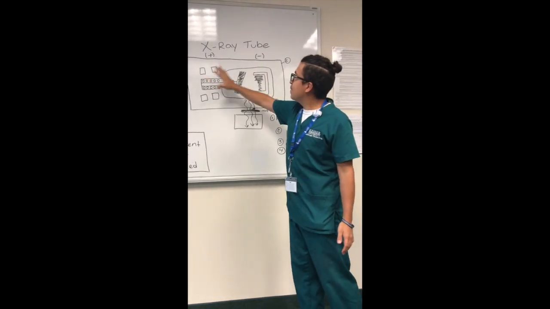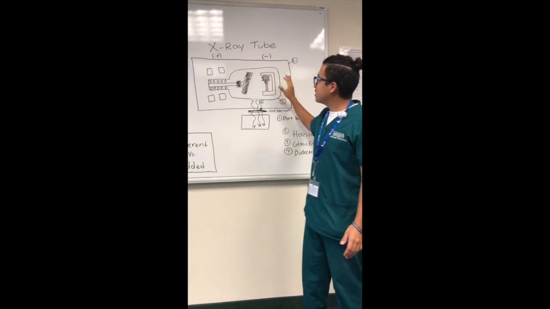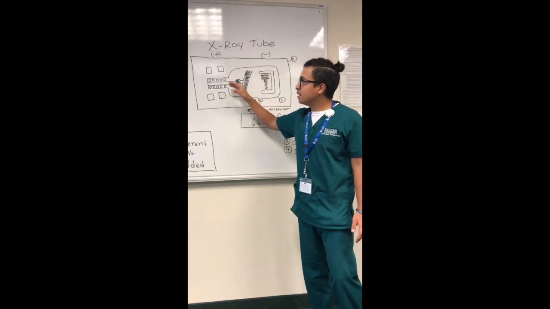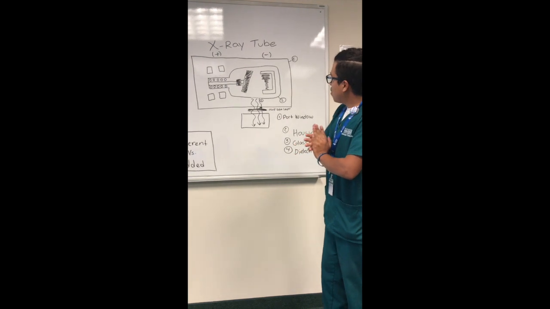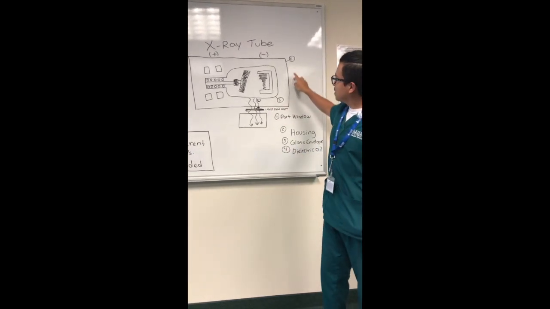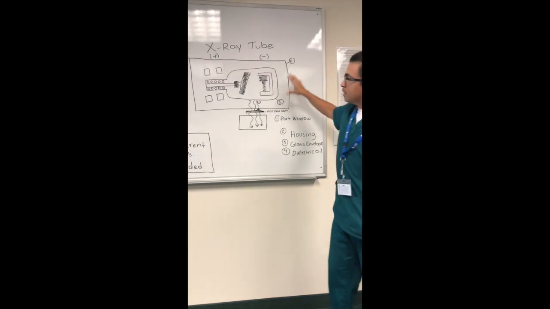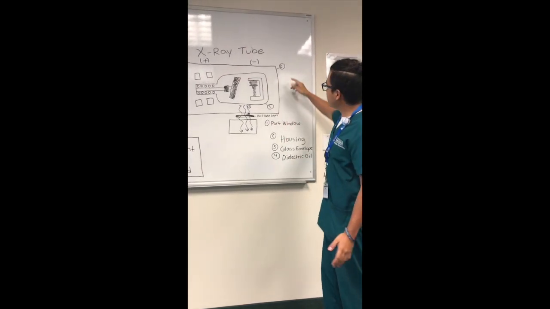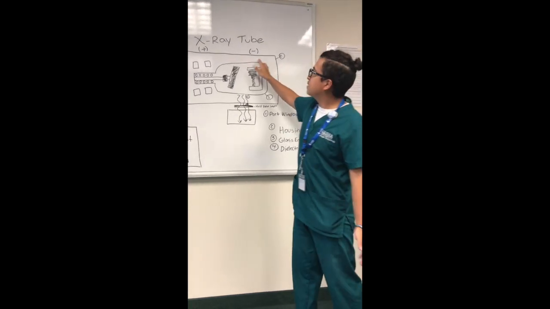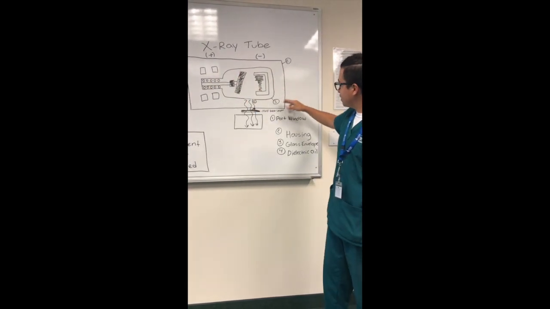Here's an example of an X-ray tube with all the components inside. There are the filaments, the anode disc, the ball bearings and everything. Inherent filtration is composed of the housing, which is this big rectangle located around the entire inner part, labeled as 2. We have the glass envelope, which is made out of glass, all this that comes around, labeled as 3.